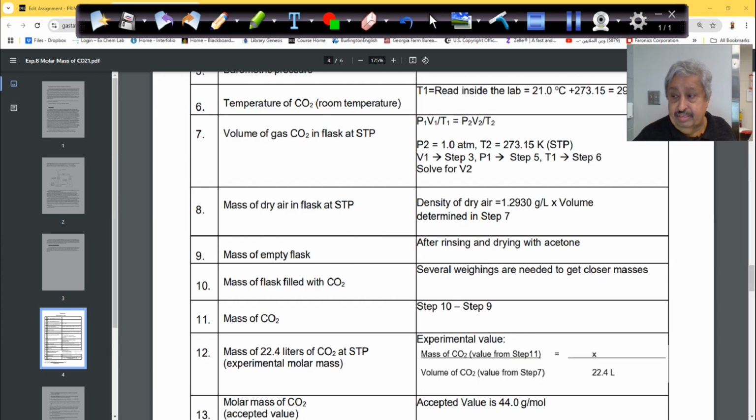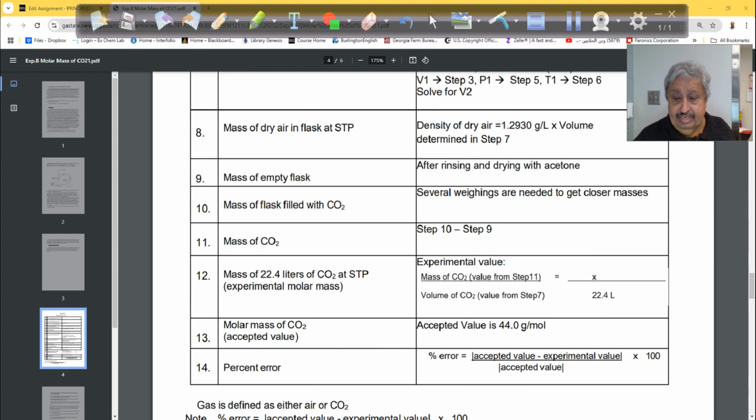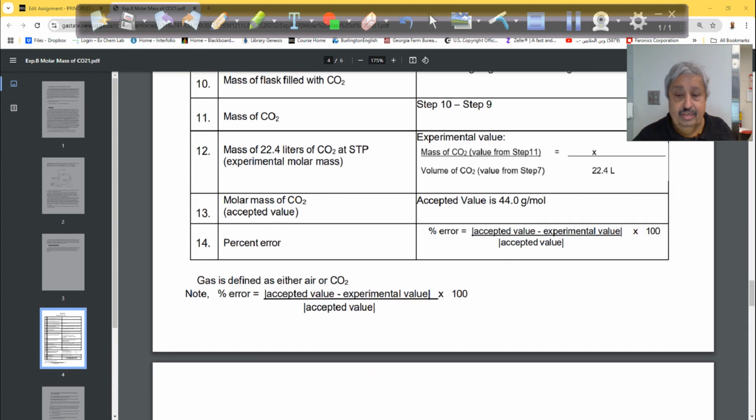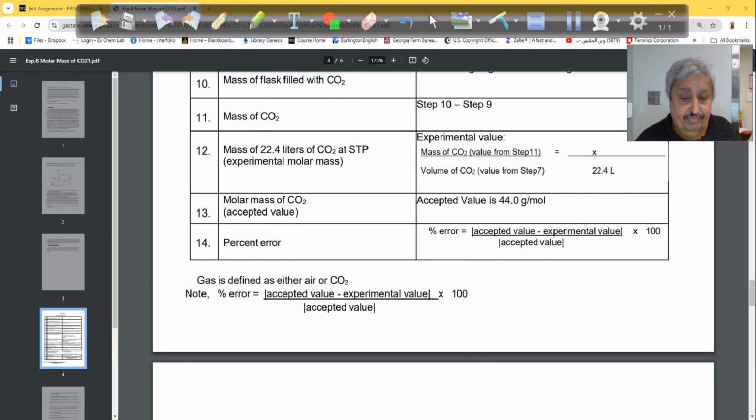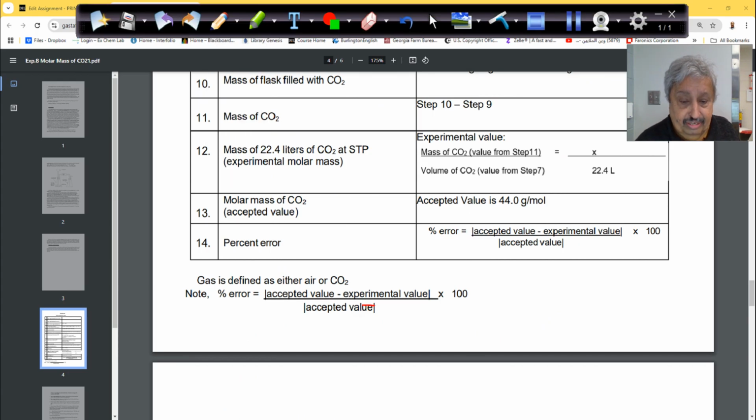And then the accepted value here is 44. The accepted is 44 gram. Accepted value means literature value.